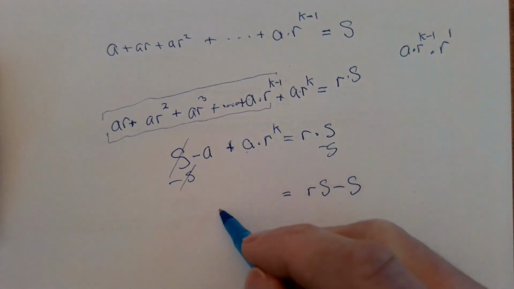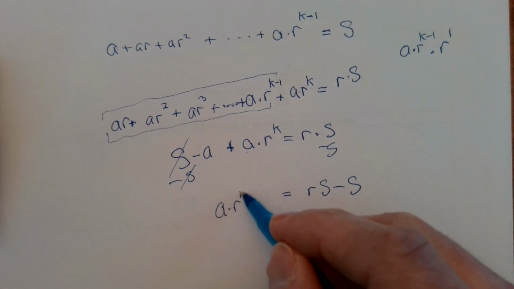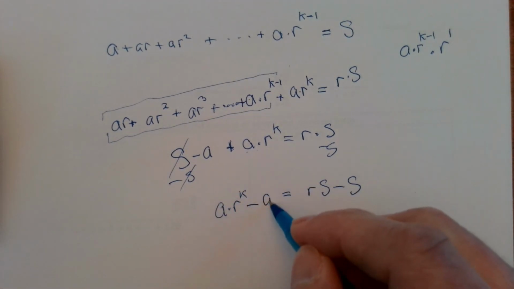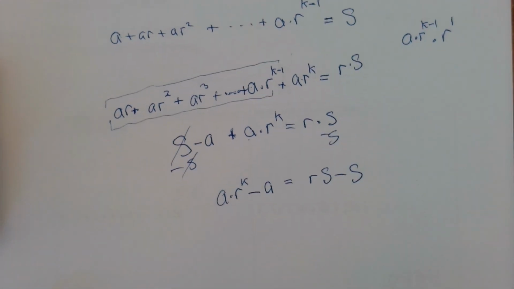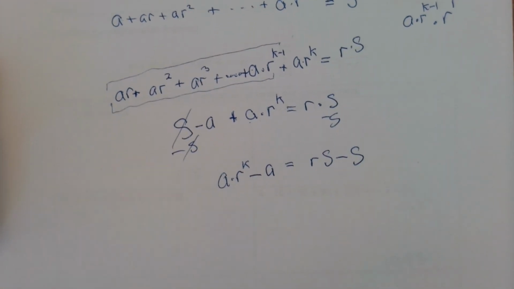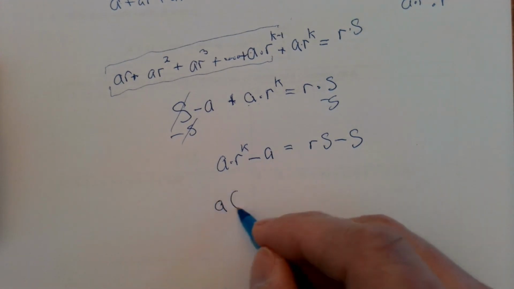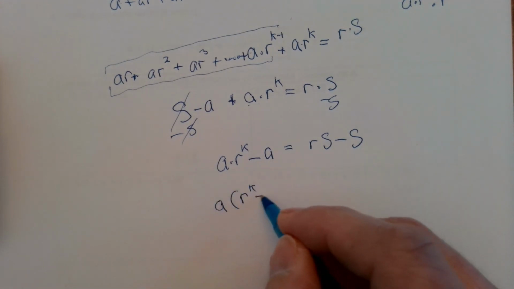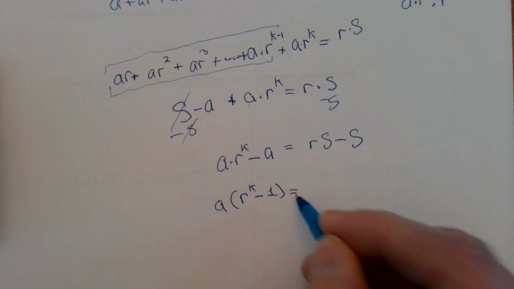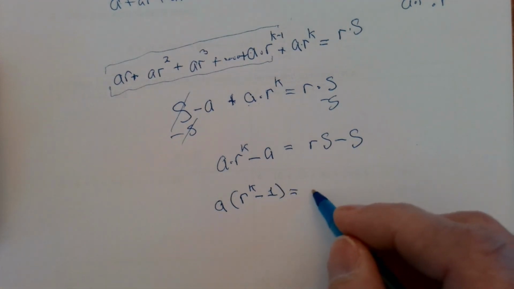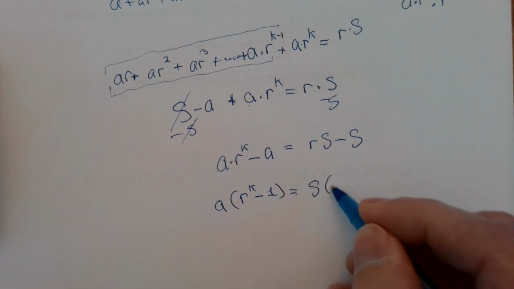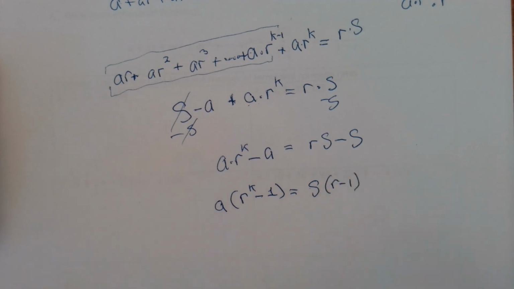I'm going to write this term first, and the minus a second. And then we just have a little factoring to do here. Factor a out of these, you get r to the k minus 1, and factor s out of these, and you get r minus 1.